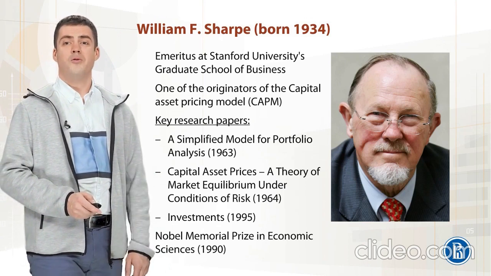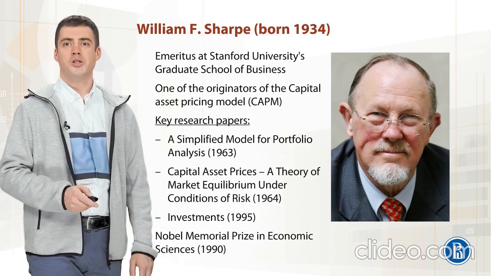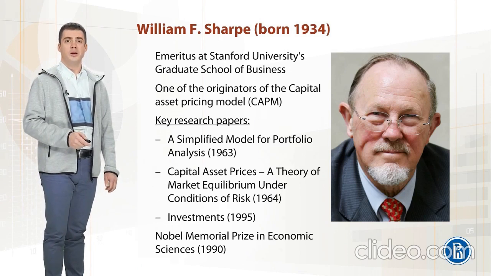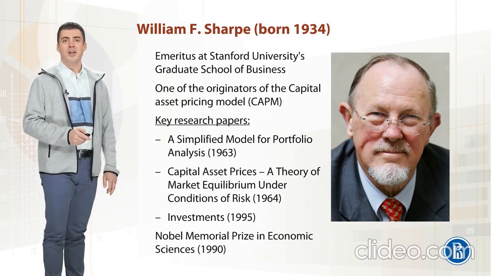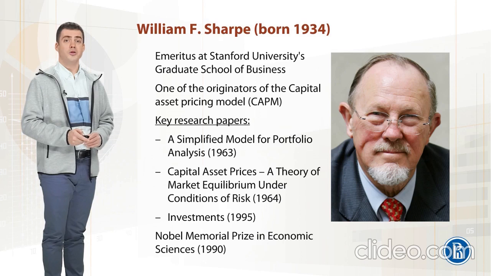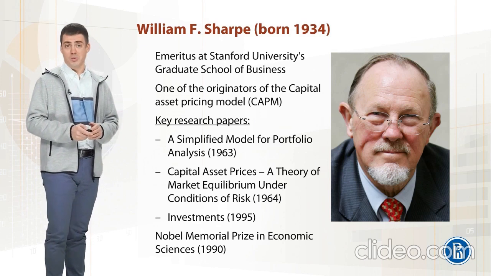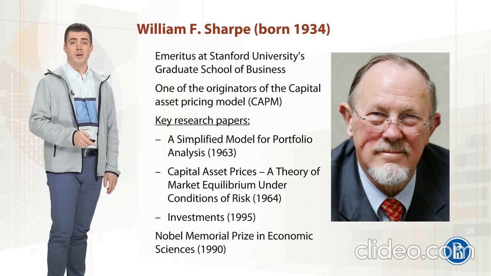He is famous for his research papers on the capital asset pricing model published in the 1960s, as well as the fundamental book called Investments, where he summarizes all the theories in financial science which help us evaluate various types of financial assets. And he is also known as the developer of the capital asset pricing model we are going to talk about today. Sometimes this model is also called the Sharpe model, after William Sharpe.